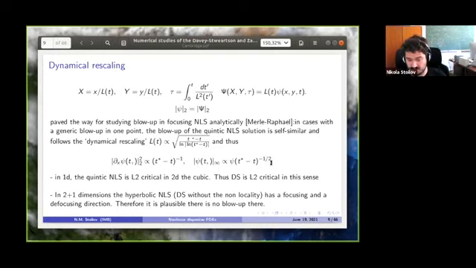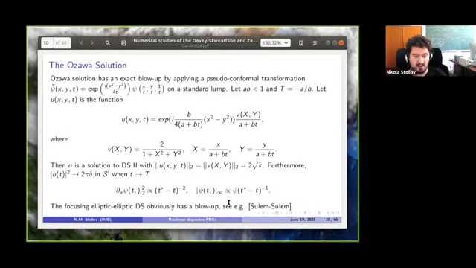So what we're looking at is these two power factors there. So Davey-Stewartson is critical in this sense. In 2+1 dimensions, the hyperbolic NLS, this is the Davey-Stewartson that we are looking at without non-locality, has a focusing and defocusing direction. And the intuition tells us that there will be no blow-up there, because if the equation is focusing in one direction, then it will disperse in the other.